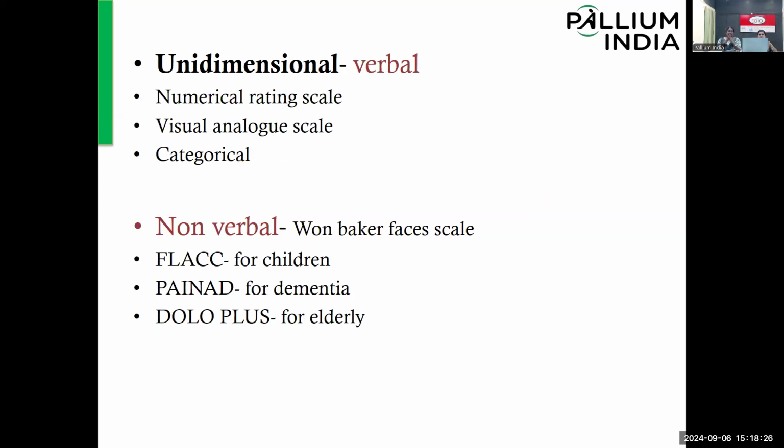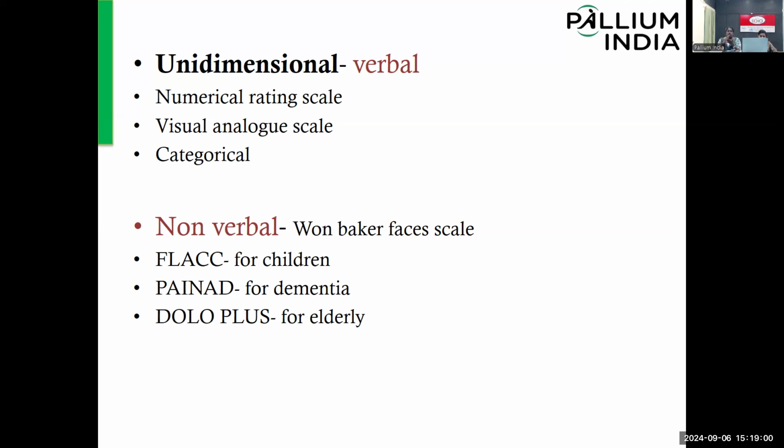These are the scales you have to know for how we assess pain severity. For verbal assessment we have unidimensional scales: the numerical rating scale, the visual analog scale, and the categorical scale. In numerical, we say it is from 0 to 10. 0 means the patient has no pain; as it increases through 1, 2, 3, the pain is increasing, and 10 is the worst possible pain in our life.